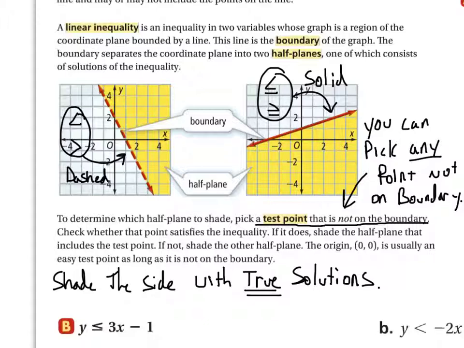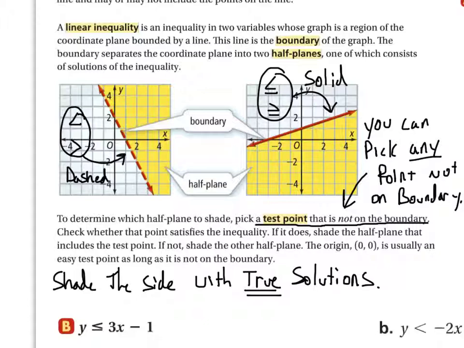Now, let's do an example here to show you exactly what we mean by that. All right, any initial questions? There are 2 new things to what we're doing today: deciding if it's a dotted line or a solid line when we graph the boundary, and deciding which side to shade. That's the only 2 new things.